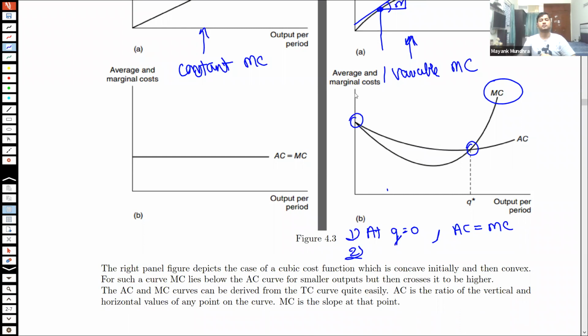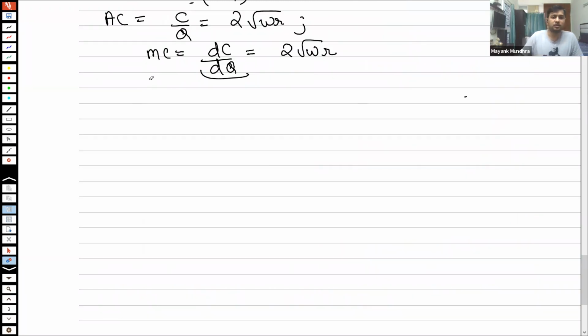That is the first thing which is coming here. That at zero quantity, the average and marginal is the same. Because what is the definition of marginal cost? So what I'm claiming is at Q equals 0, average cost equals marginal cost.